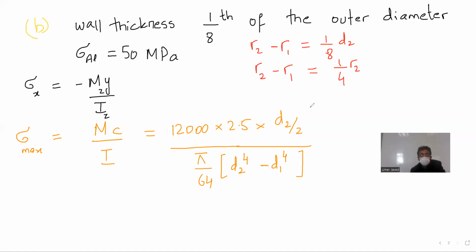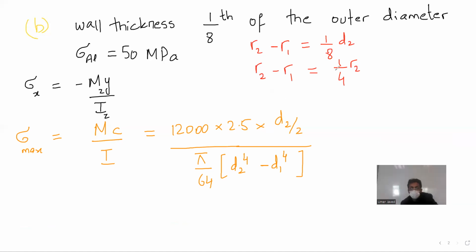So you can just write it as D2 is equal to, I don't know. Just tell me what is D2? 0.3657. The D2? You already found it?